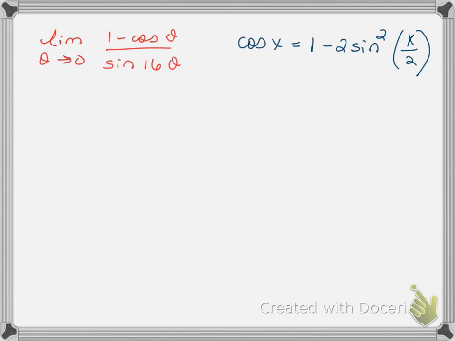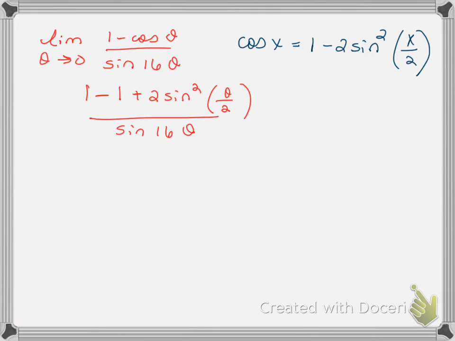So here we have 1 minus, and then cosine theta we sub in using our formula. So we have minus 1 plus 2 sine squared of theta over 2, all over the sine of 16 theta.